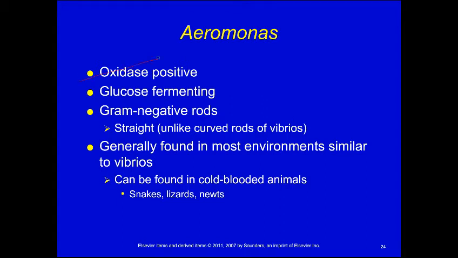Remember that this is oxidase positive. It ferments glucose. These are gram-negative rods, straight, okay? Unlike your Vibrio, which is curved, para siyang comma. Generally found in most environments, similar to Vibrio. Can be found in cold-blooded animals like snakes, lizard, and newts.